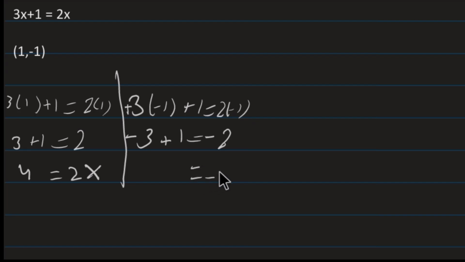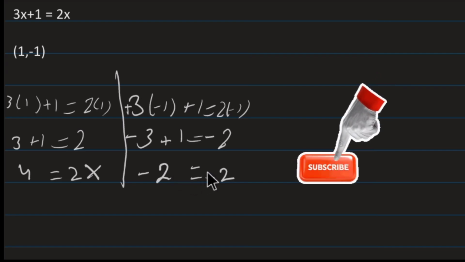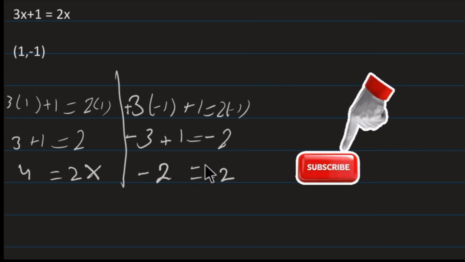Now our right hand side is minus 2. And what about minus 3 plus 1? Since the signs are opposite, we subtract: 3 minus 1 is 2. Since the greater value has the sign minus, we use the sign minus. Now these two sides are equal, so the given equation is true for x equal to minus 1.